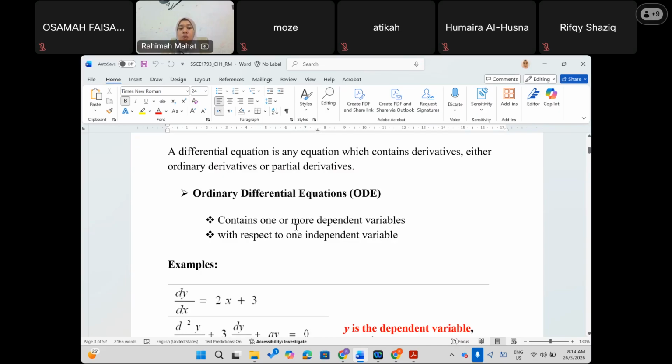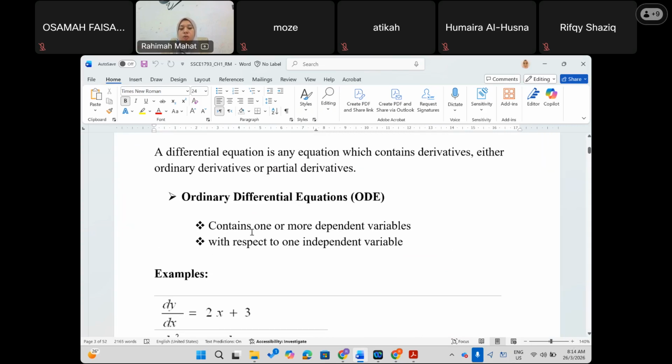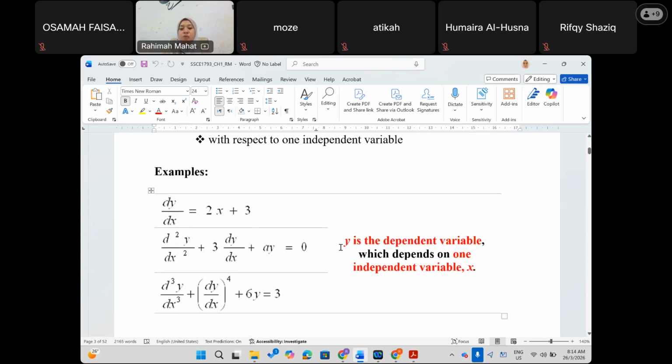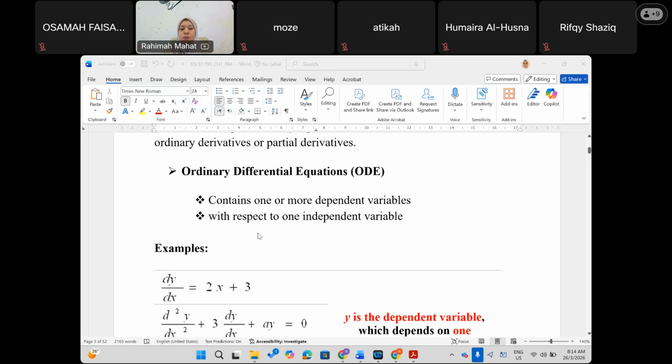ODE means that we have one or more dependent variables. What are dependent variables? If you look here, this is the example. And that is with respect to one independent variable.